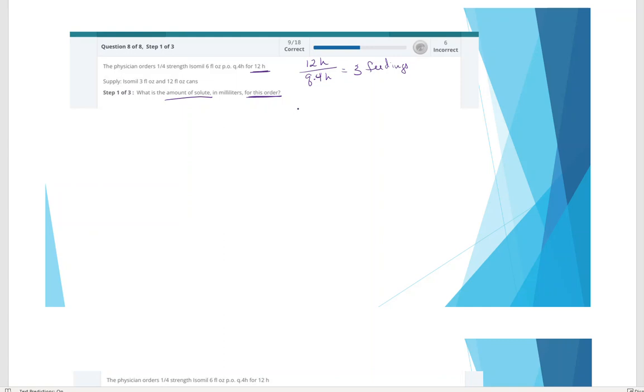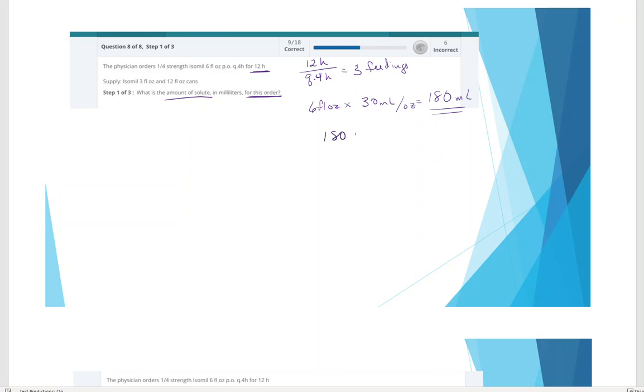And this time I'm going to find my total solution. I know I have 6 fluid ounces. I'm going to convert it to milliliters, so I'm going to multiply it by 30 milliliters, because there's 30 milliliters per ounce. So 6 times 30 is 180 milliliters, and that is for one feeding.